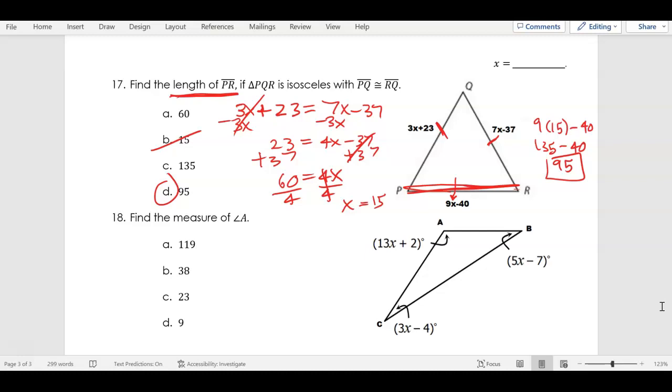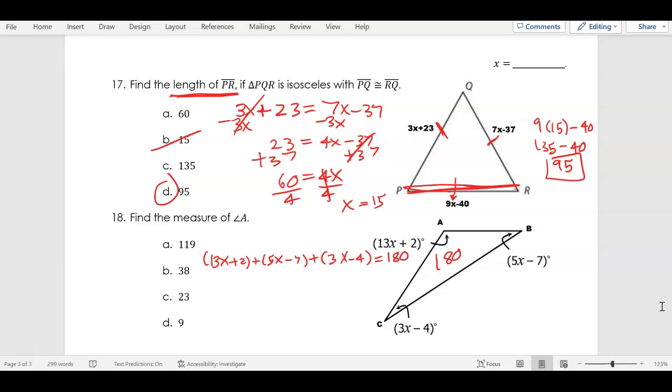We're going to find the measure of angle A. Now, again, we don't know anything about these angles, but we know that they add up to 180 degrees. So let's make a long equation here. 13x plus 2 plus 5x minus 7 plus 3x minus 4 equals 180.